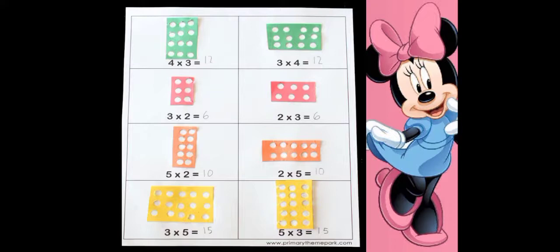So I have here other examples. The first one: there are 3 columns and then 4 rows. So 4 rows multiplied by 3 columns is how much?